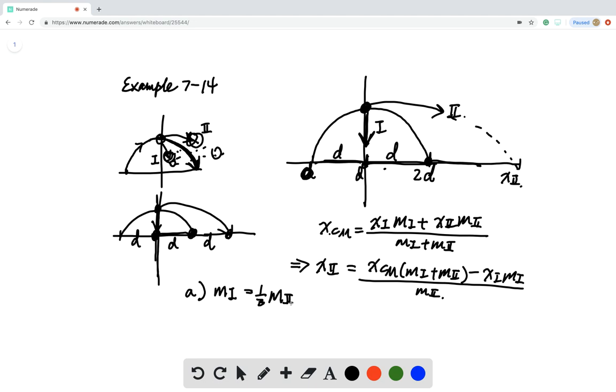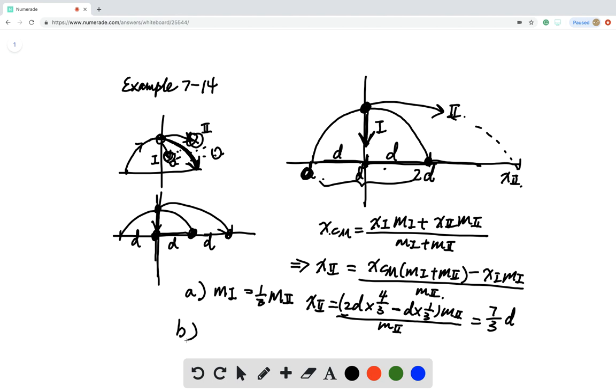In this case, we have x2 equals the center of mass, a distance of 2d from the origin, times, adding them up, it's 4, minus x1, which is d, times m1, which is 1/3, over m2. So that gives us 7/3 of d.